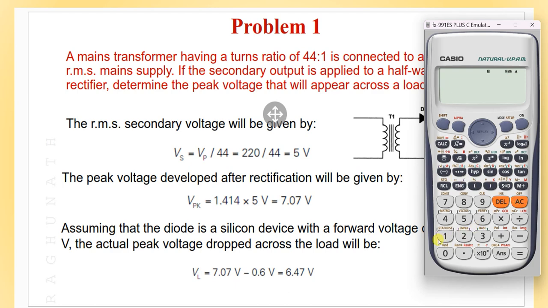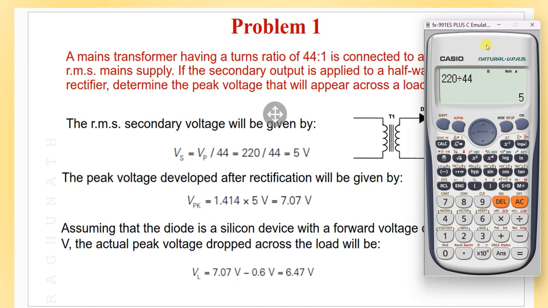So 1 divided by 44 into 220 is equal to 5 volts. Or you can also directly write 220 volts divided by 44, that also gives you 5 volts.